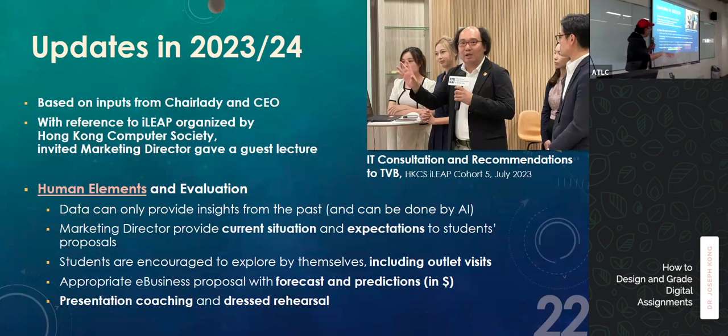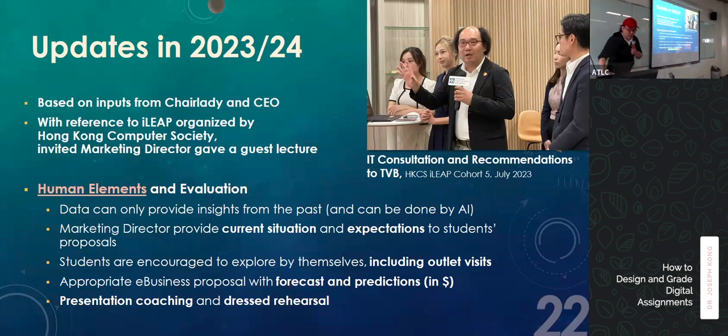At the end of the semester, when the students deliver a presentation, I will judge based on their point of view. Is your data analysis and are your suggestions relevant to something that the marketing director is looking for? So this is the marking criteria, the human side.